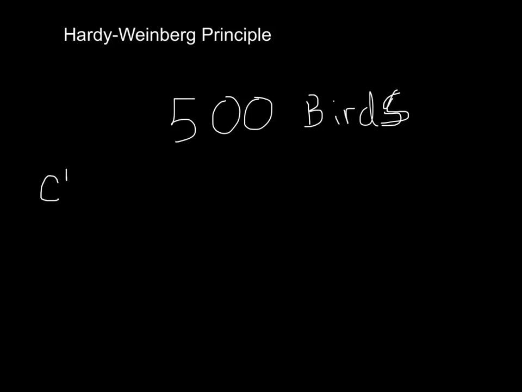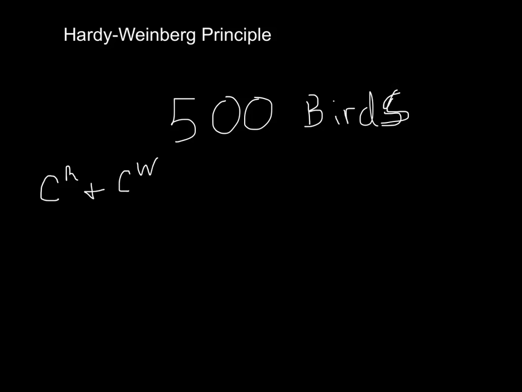Okay, let's pretend we have 500 birds. Sorry about that. For those birds, our main alleles will be CR and CW.